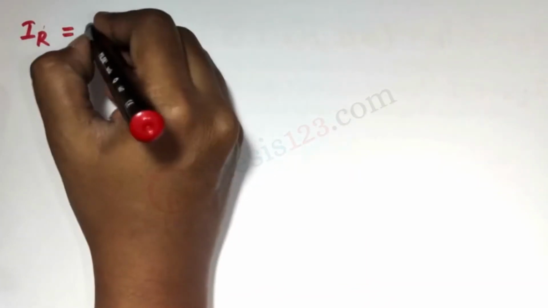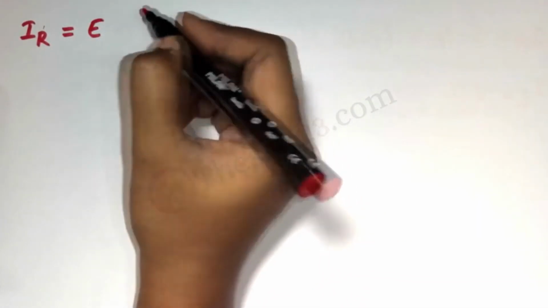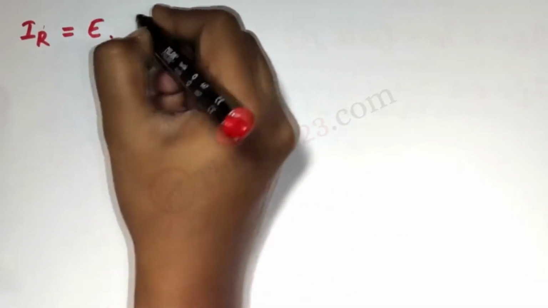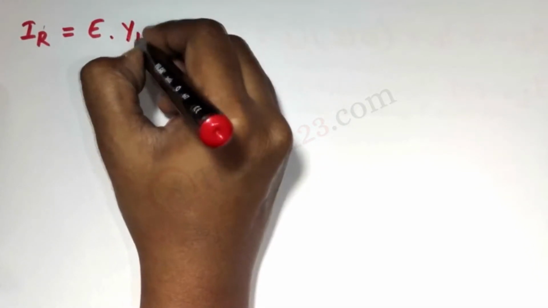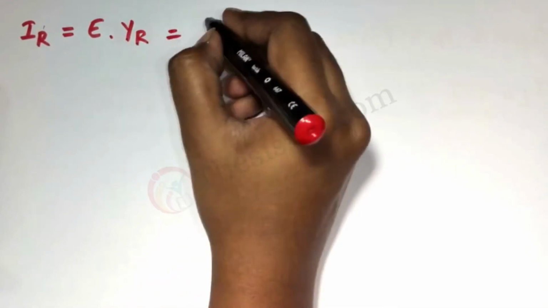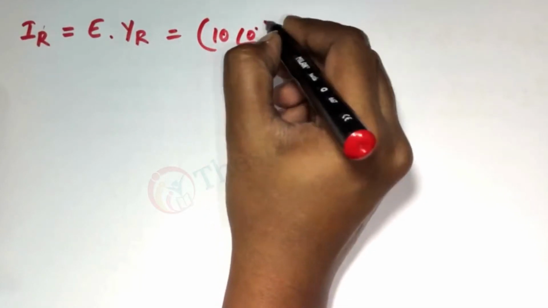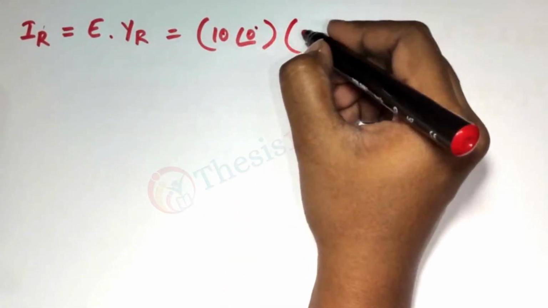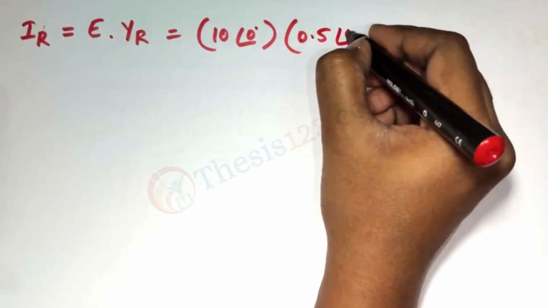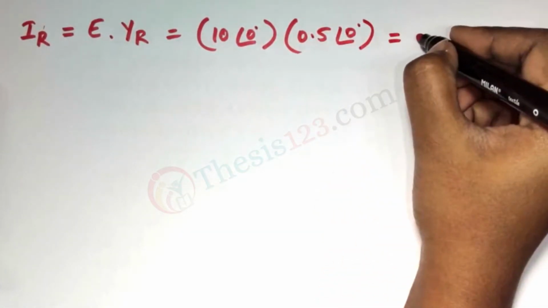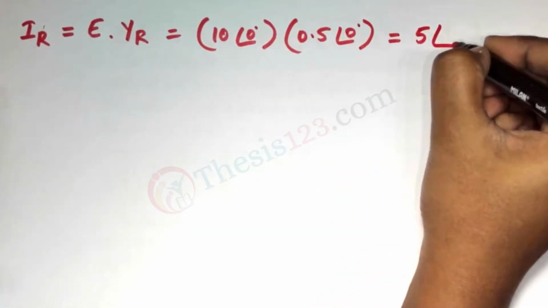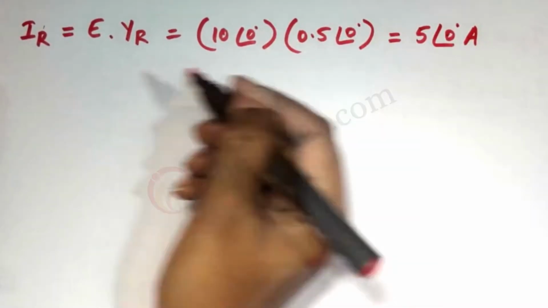Now the current through the resistance, the expression can be written as the voltage E times the admittance YR, and that would be 10 angle 0 times 0.5 angle 0. Multiplying the two, that gives us 5 angle 0 amps.